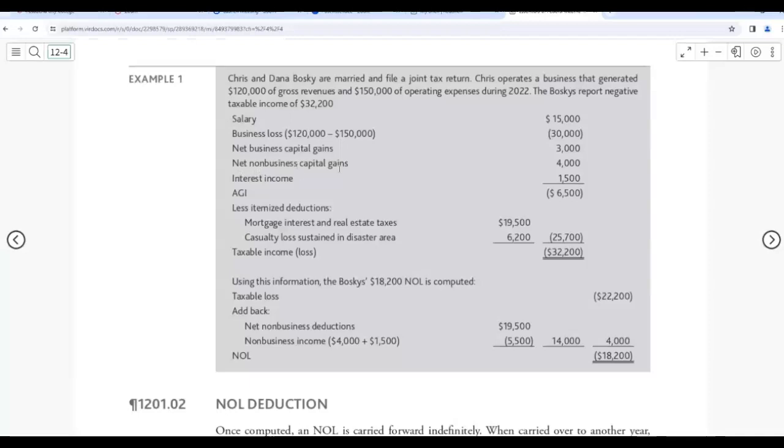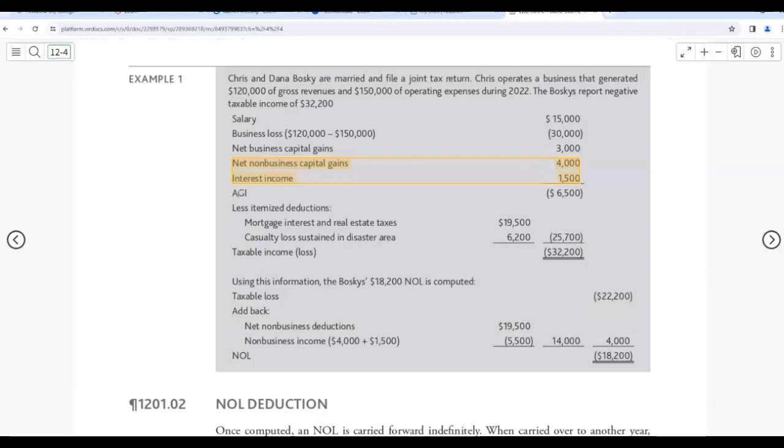Net non-business capital gains come from a non-business related gain. It might be a personal investment or something, $4,000. Interest income, it's also non-business, $1,500. So out of here, please look at what is non-business. These two are non-business. You see that?